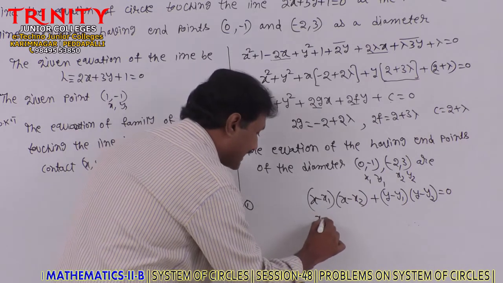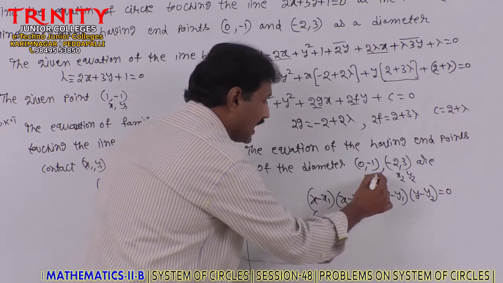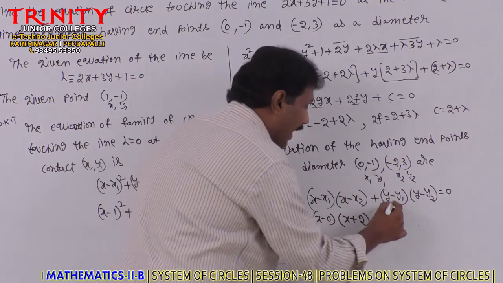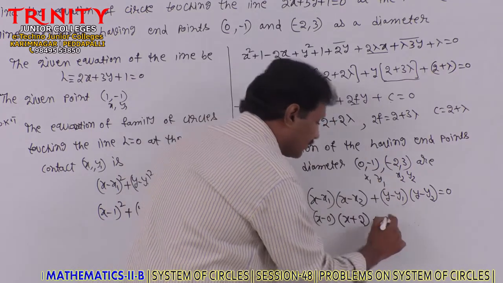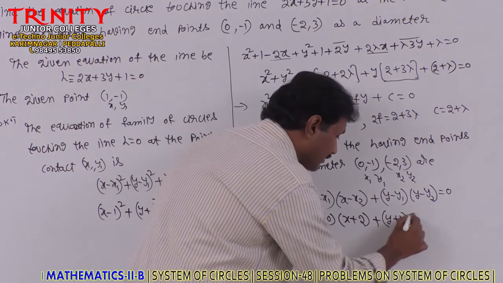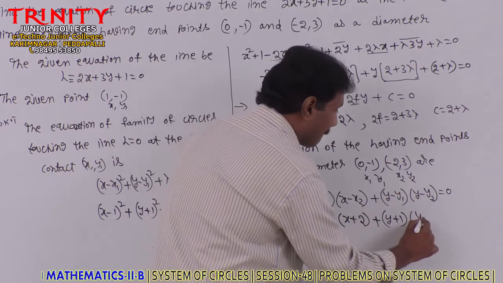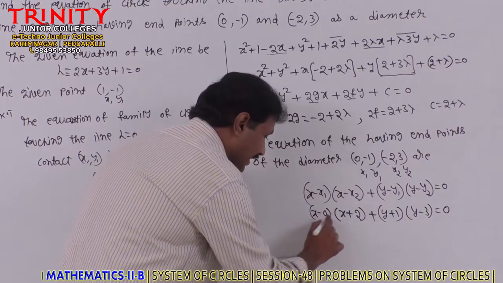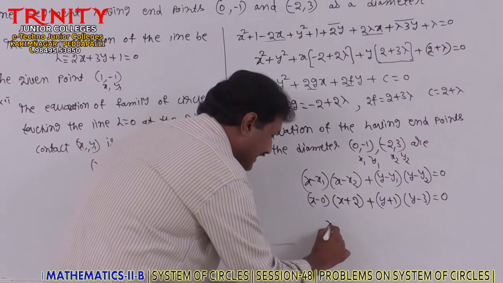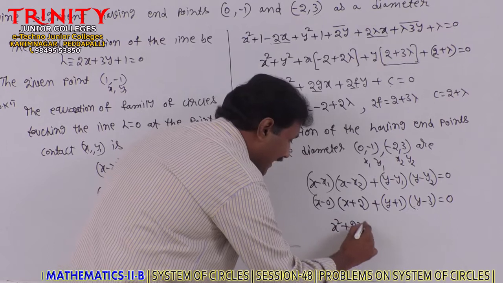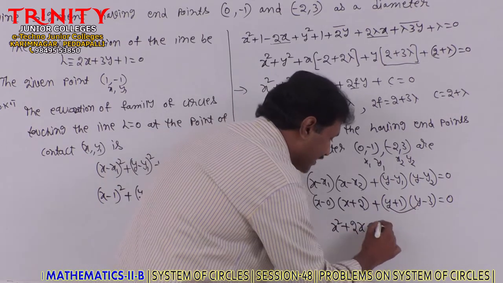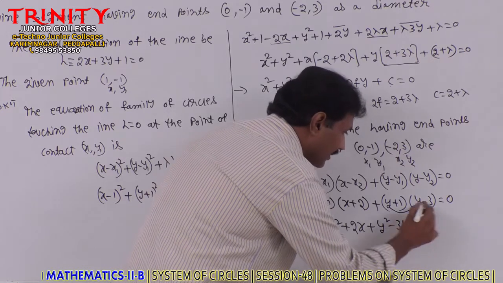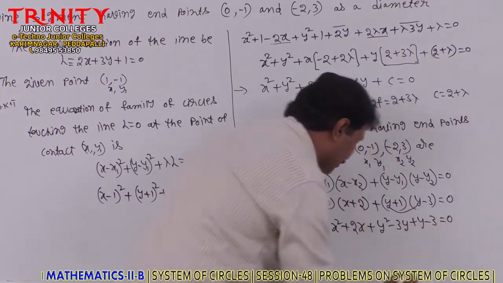That means (x - 0)(x + 2) + (y + 1)(y - 3) = 0. Here x into x squared plus 2x plus y squared minus 3y plus y minus 3 equals 0.